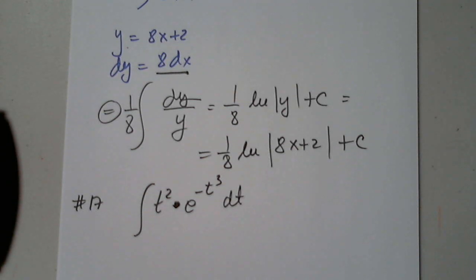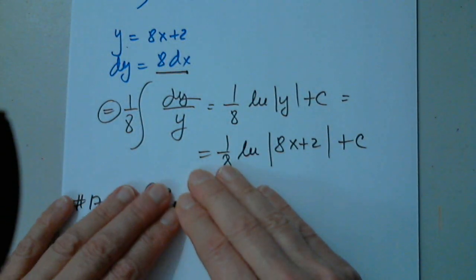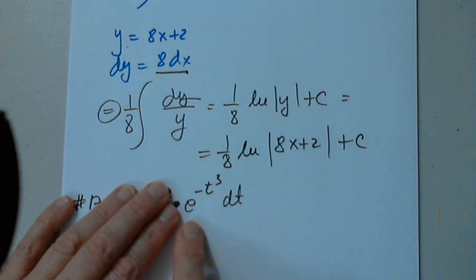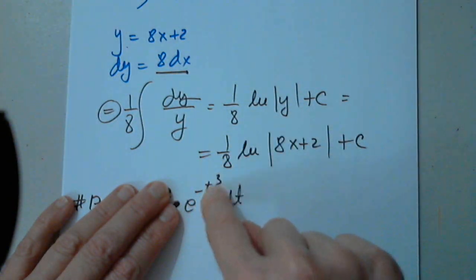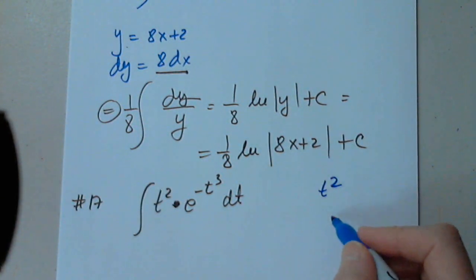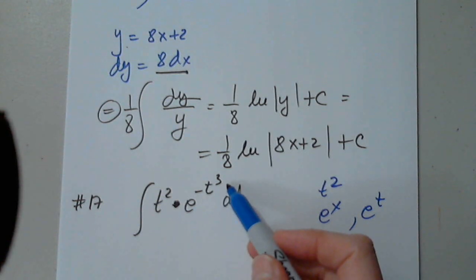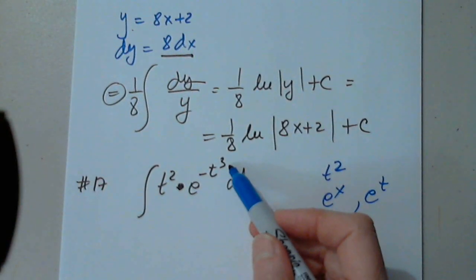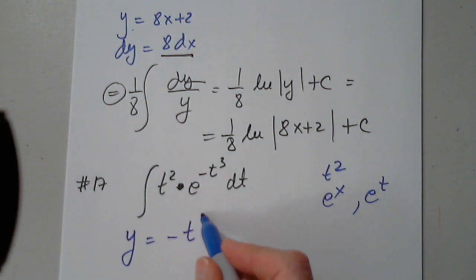If I ask you what the problem is now, I know you're not going to say t squared. That's a friendly function. I'm sure you're going to say e is a friendly function, but I really don't like this inside e. That's the problem. I like t squared. I like e to the x or e to the t, but I don't like e to the negative t cubed. So that's my u or y, negative t cubed.